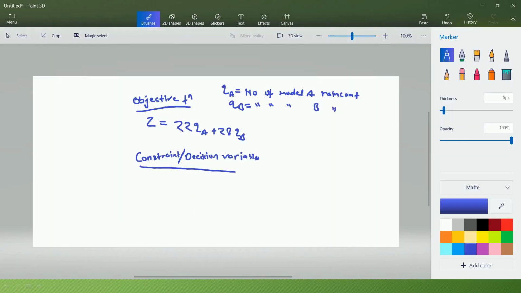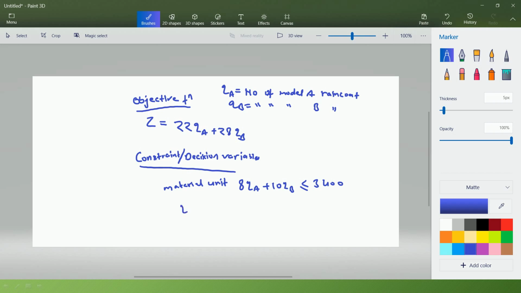So first for the material units, it says 8 for model A plus 10 for model B. The maximum available is 3400, so it should be less than or equal to 3400.